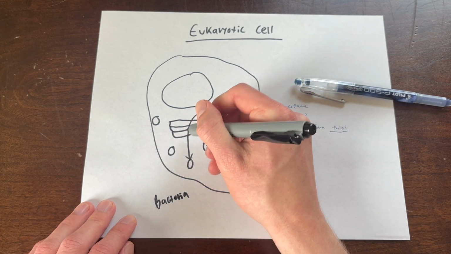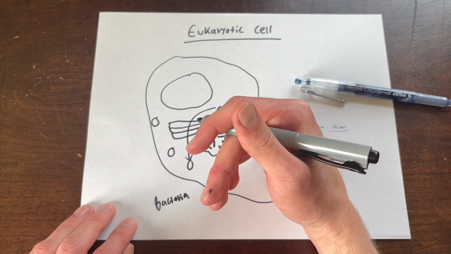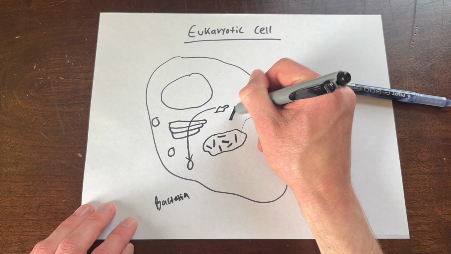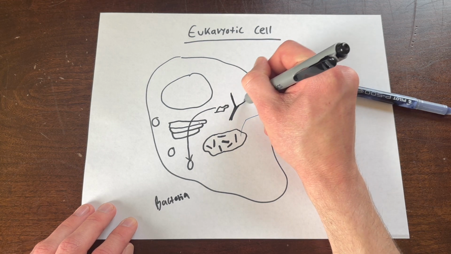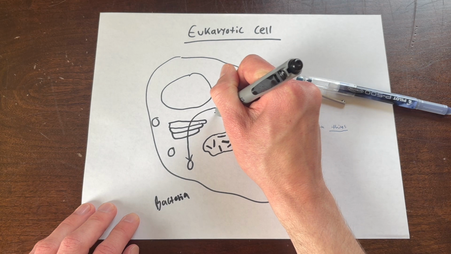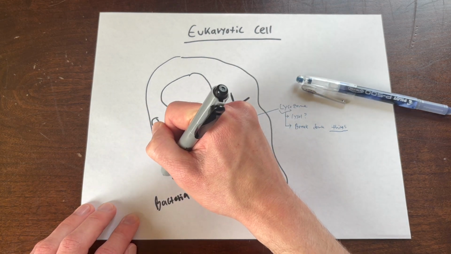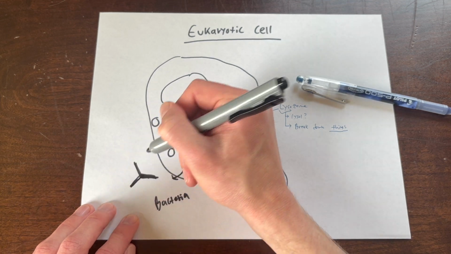So normally the Golgi is used to export something. For example, let's say this is an immune cell, and let's say we want to put antibodies in the blood. What might happen is we'll go through the Golgi and it'll shoot out the antibodies, okay?